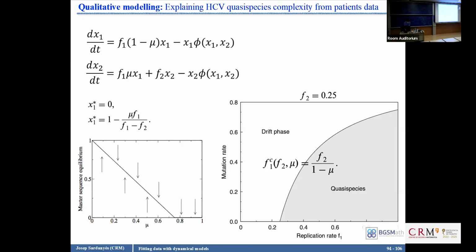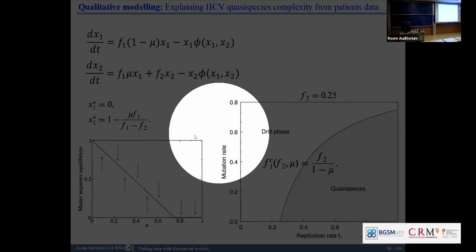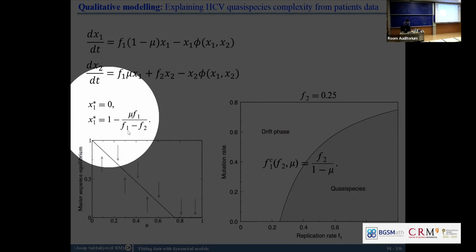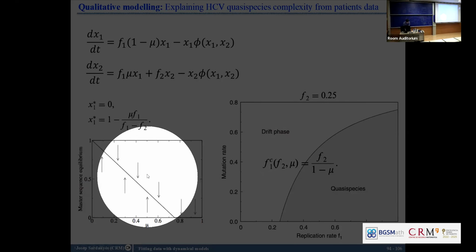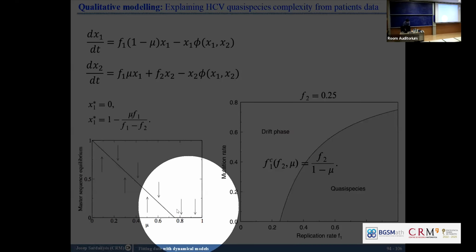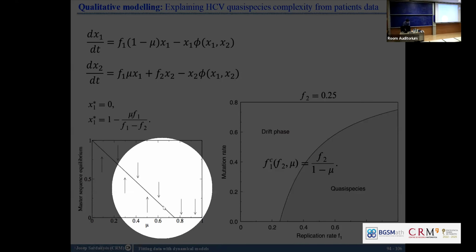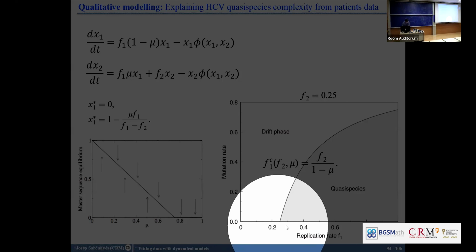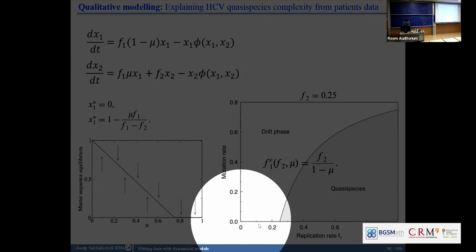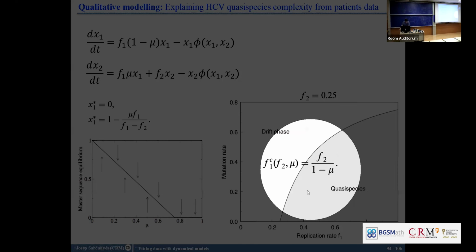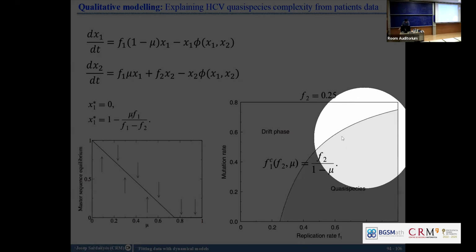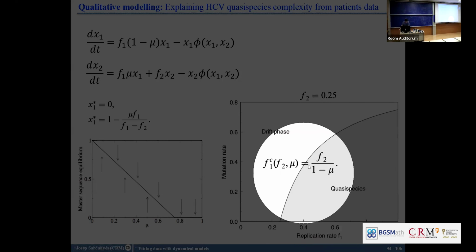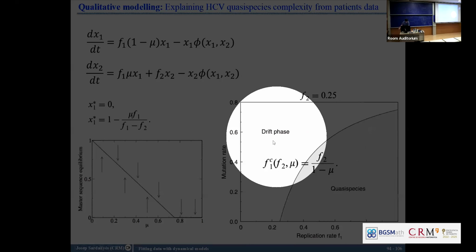This is the typical error threshold where the master sequence decreases linearly. It's actually this line here with mutation, but the error threshold where the master sequence disappears and the mutants dominate the population can also be achieved by decreasing the replication rate. So here we have the quasi-species because we have, let's say, the master sequence, but in this bifurcation curve, the master genome disappears and we have the mutants.